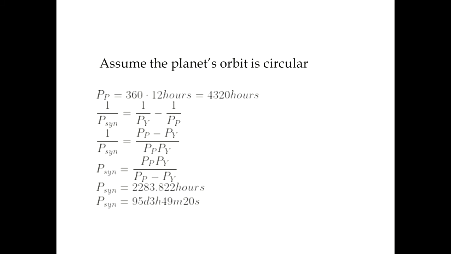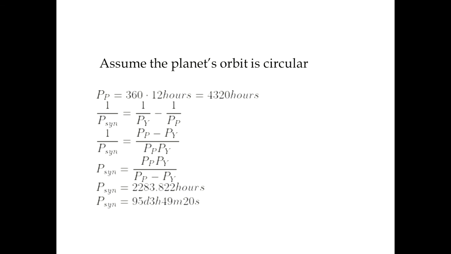Alright, so we'll know that 1 over the synodic period is equal to 1 over the sidereal period of the moon circulating around the planet, subtracted by 1 over the sidereal period of the planet circulating around the sun.